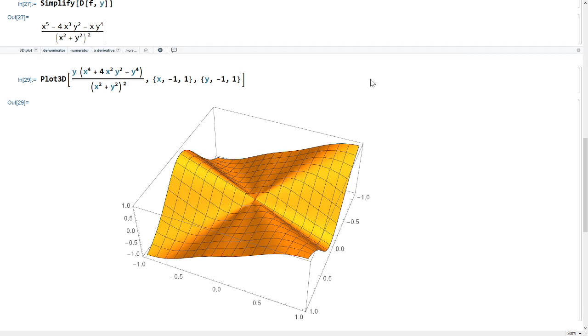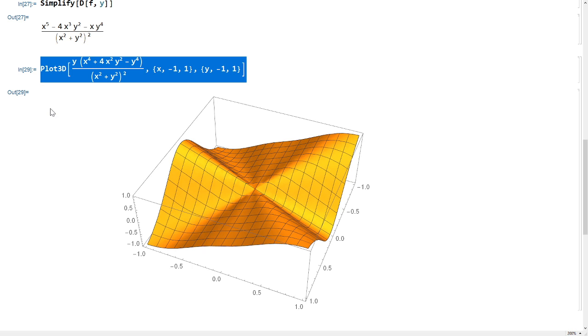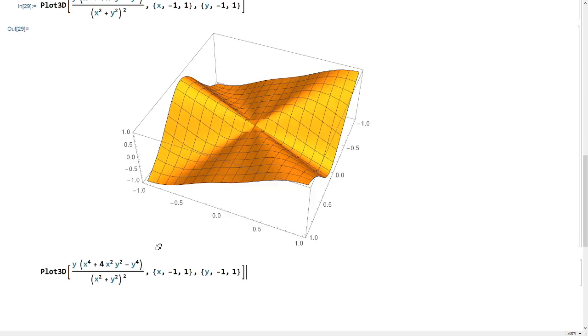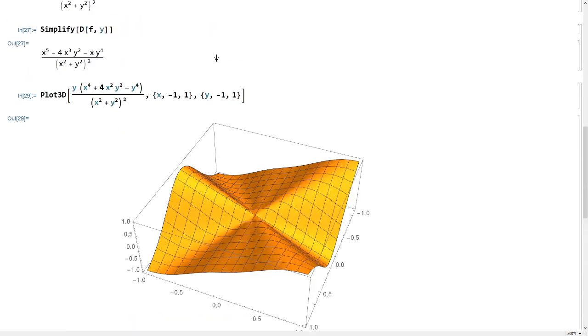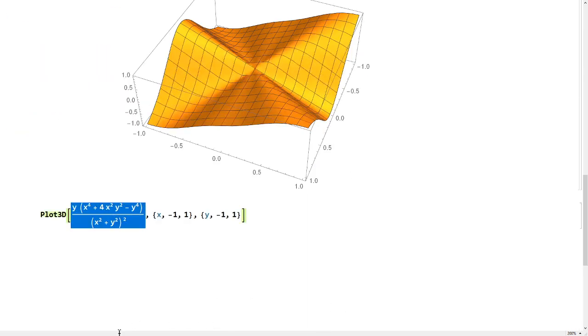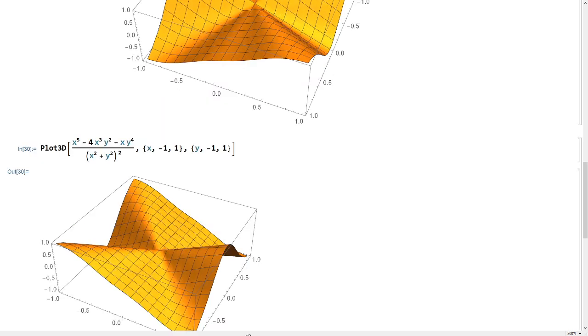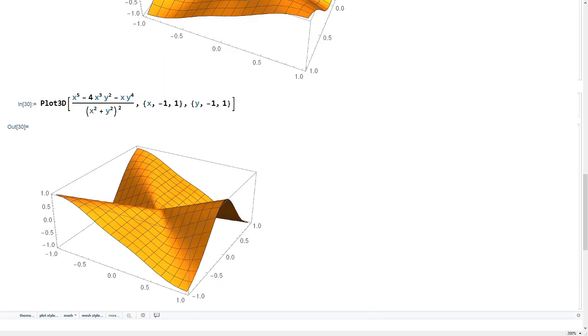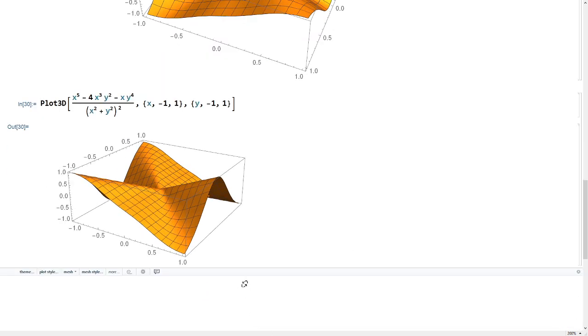Likewise, if we try to plot the y-x derivative, we still get this folding, this corner at the origin. And that's what's causing Clairaut's theorem to fail, when we take the second derivatives of this.